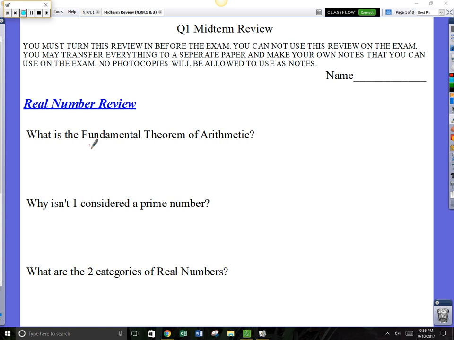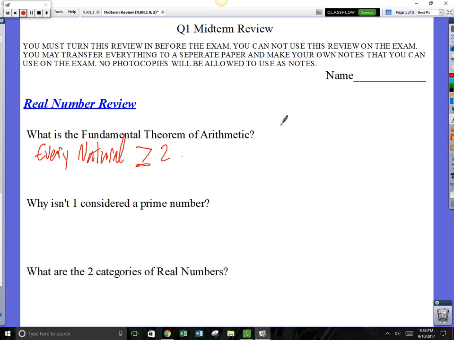So let's review the fundamental theorem of arithmetic. The fundamental theorem of arithmetic, the definition is that every natural number greater than or equal to 2. So we're not going to include 1.